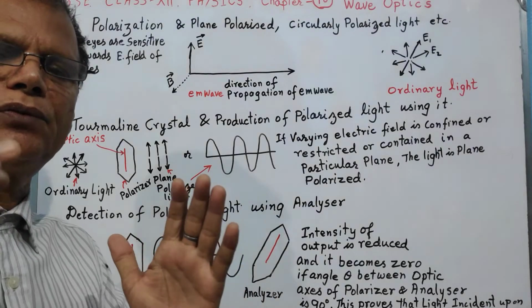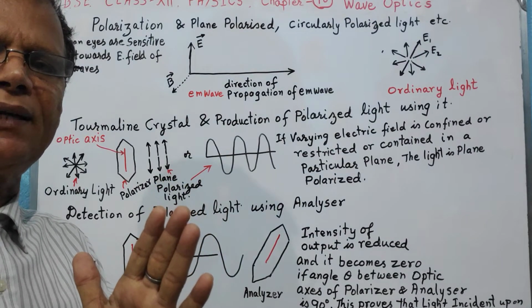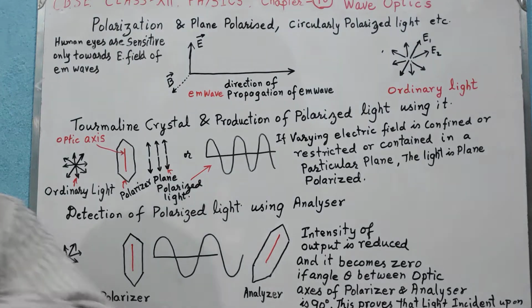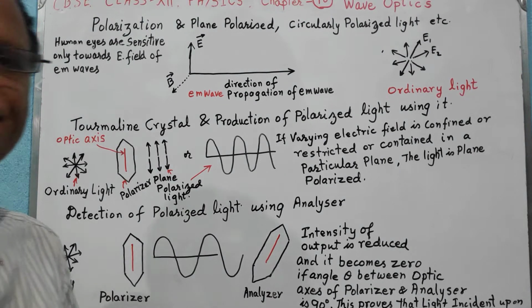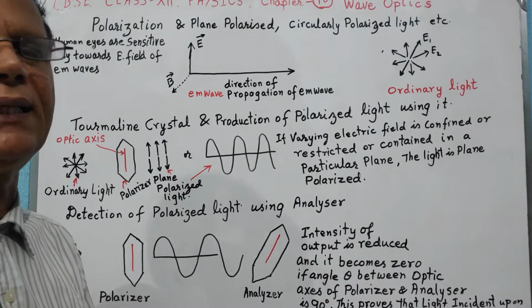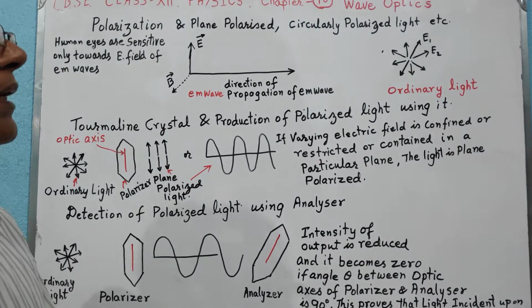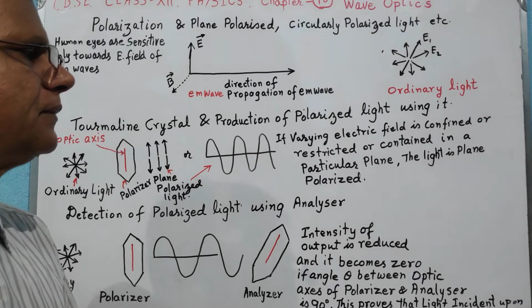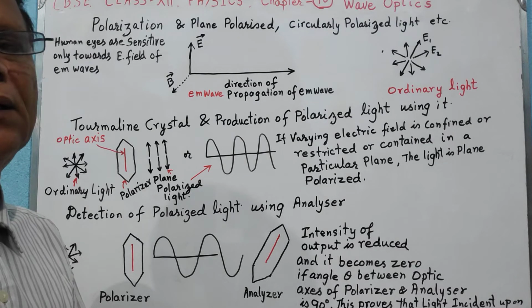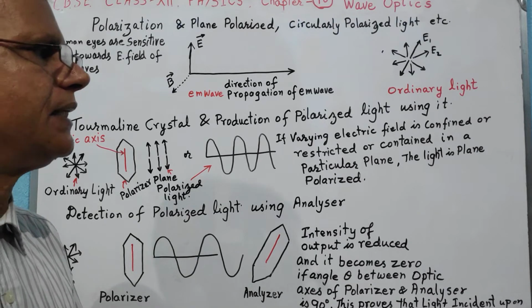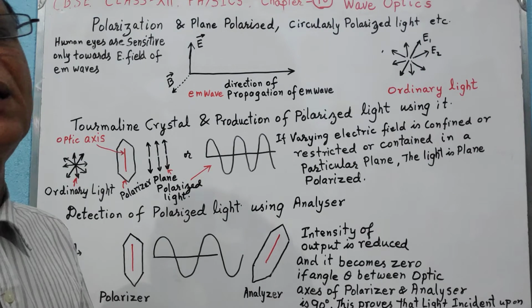Say two electric fields have the same amplitude of vibration, and they are at 90 degrees to each other. These two superimpose to finally give the locus of a circle, and that light is known as circularly polarized light.